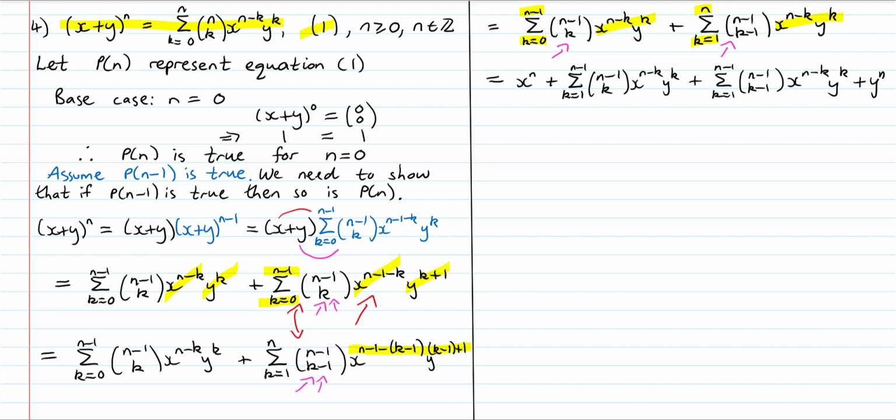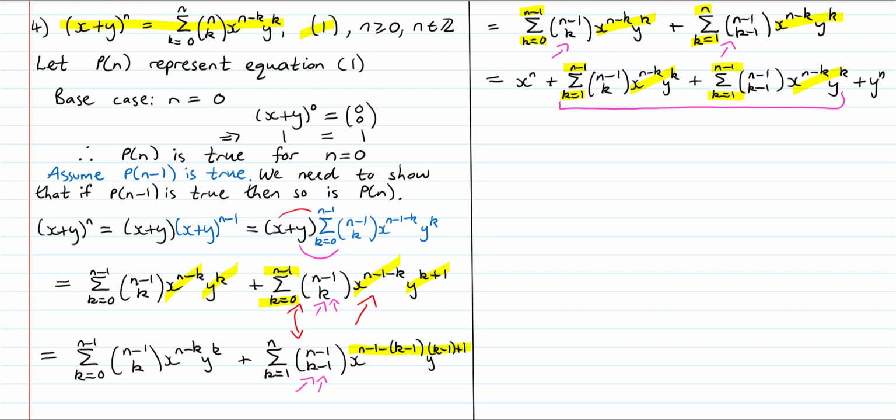So now looking at our summation terms, we're going from k equals 1 to k equals n minus 1 in both cases. We can also note we've now got this term in common, this x to the n minus k times y to the k. So we're going to write all this part out under one summation symbol.